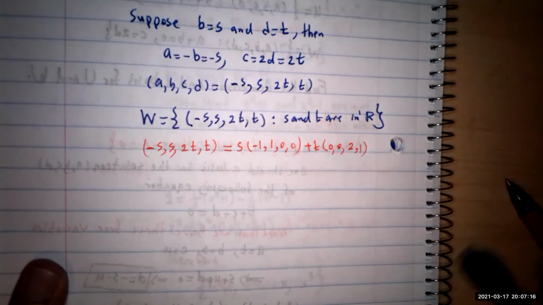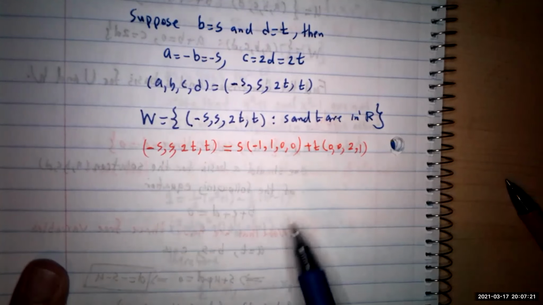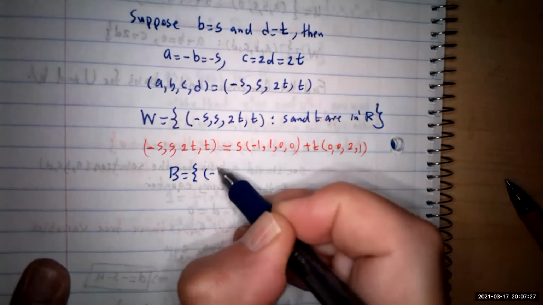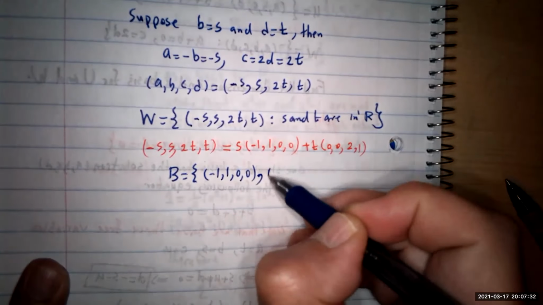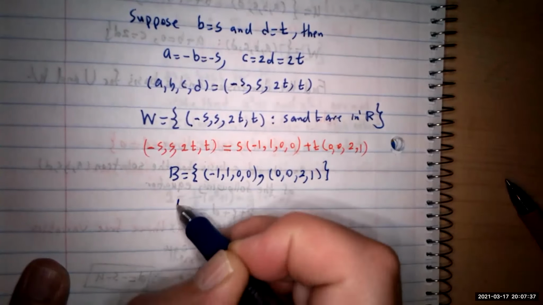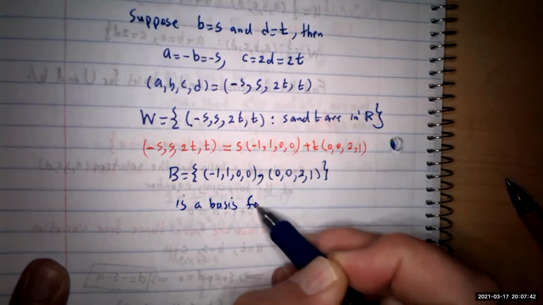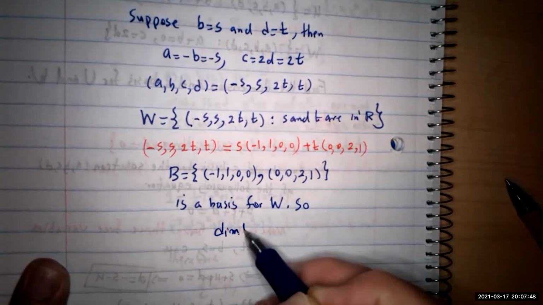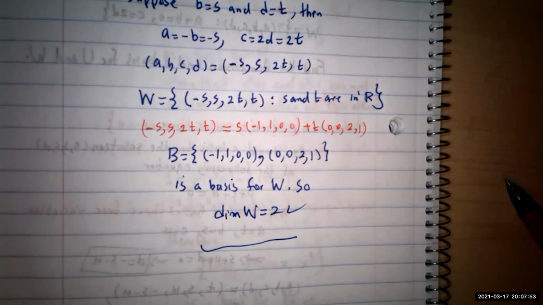That's it. So each member of W can be written as a linear combination of two vectors. So B equals {(-1, 1, 0, 0), (0, 0, 2, 1)} is a basis for W. So the dimension of W is 2, because you can create it by using a set of two vectors.